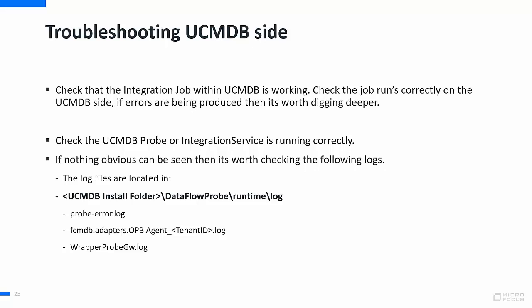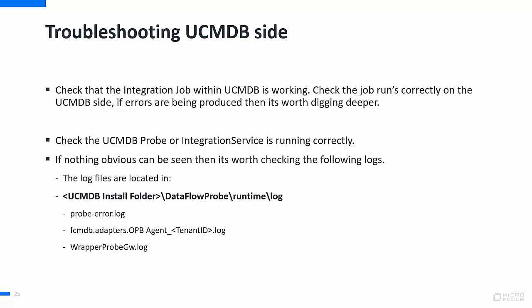If there are any problems with the probe itself, the wrapper probe gateway.log, for instance, might give you some details about what may or may not be working in the probe. And then the other is basically the fcmdb.adapter.opb agent _tenant ID. That'll give you an idea whether the actual integration service for the tenant is running, and if it's stuck.